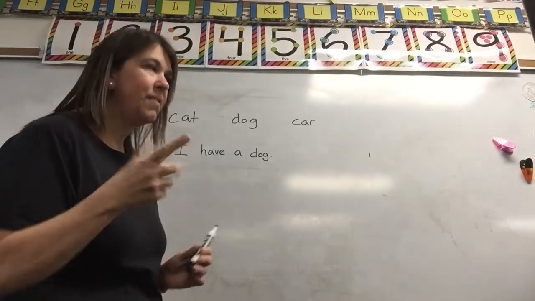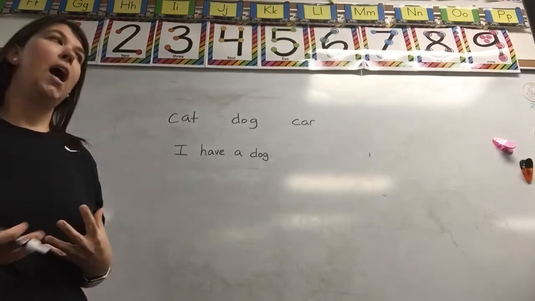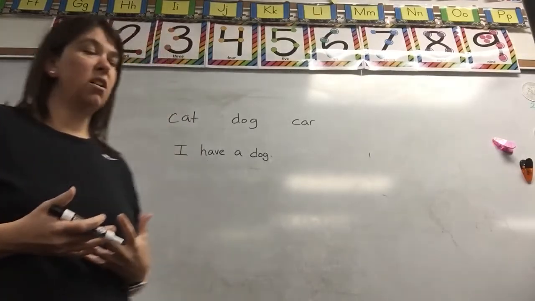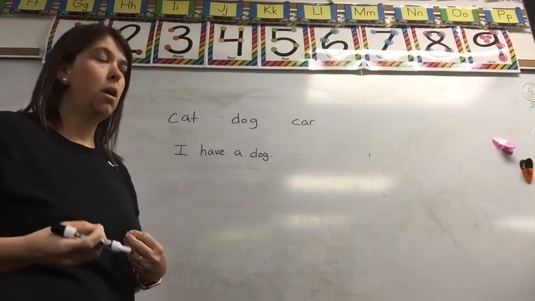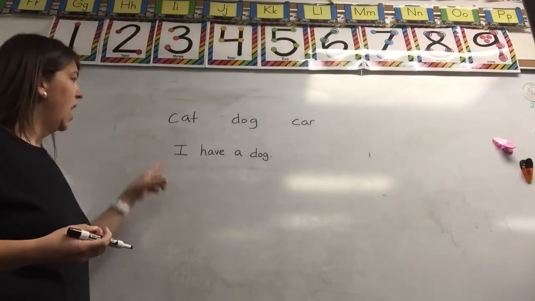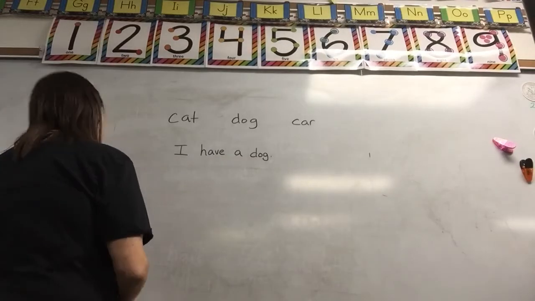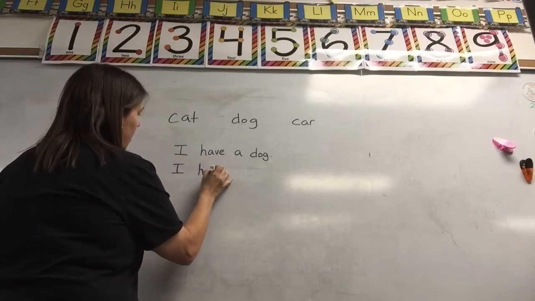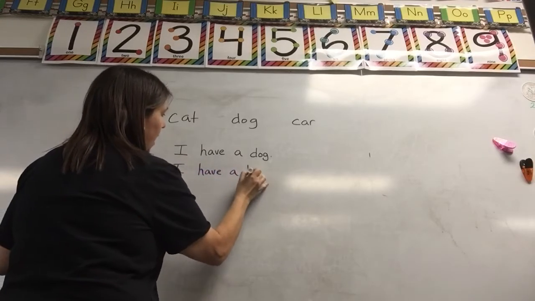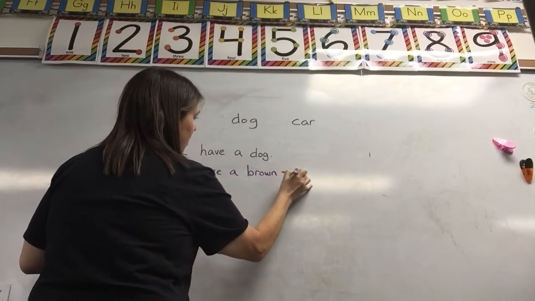But is it a good sentence? That's the question. It's not that there's anything wrong with that sentence, but as we get closer into 2nd grade and start 2nd grade, we really want to start to be able to make our sentences have more details. So instead of I have a dog, I could put, I have a brown spotted dog.